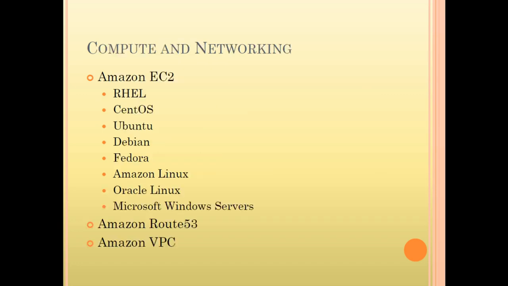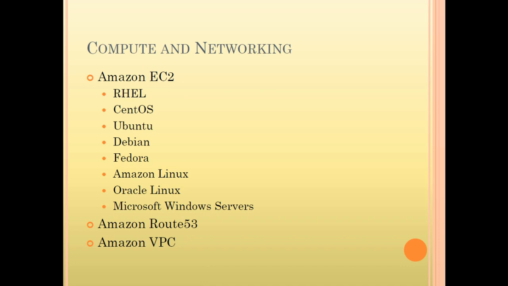So compute and networking contains Amazon EC2, and Amazon EC2 supports most of the operating systems available in today's market. It includes Red Hat Enterprise Linux, CentOS, Debian, Amazon Linux, Oracle Linux, as well as Microsoft Windows servers. The other service which falls in this category is Route 53.